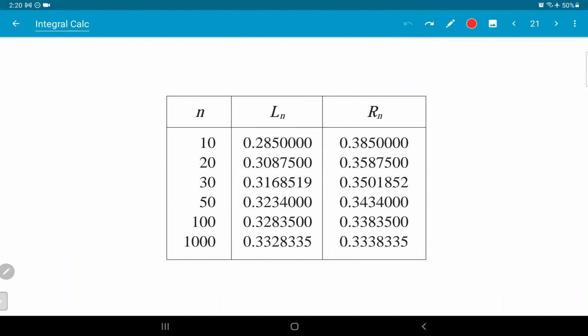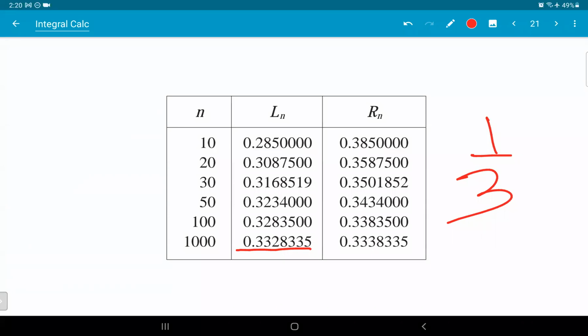So you see that for 1,000 rectangles, our approximation now tells us that it's between 0.33 something and another 0.33 something. So it's maybe safe to say that the actual value is 1/3, right? The actual area under the parabola is 1/3 square units using this table and our keen observation.